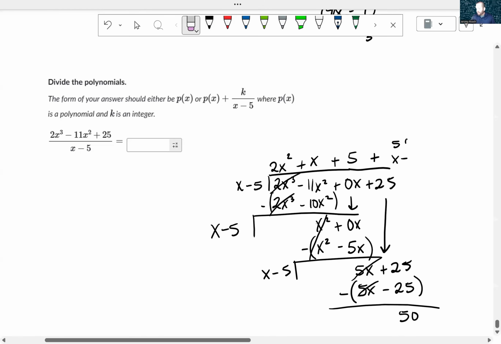Ah, I see what happened here. Okay. So for this one, this was supposed to be 5 times x gave us 5x, not -5.